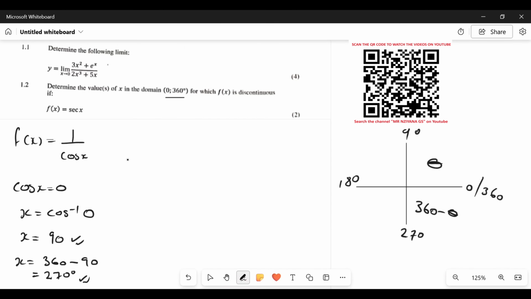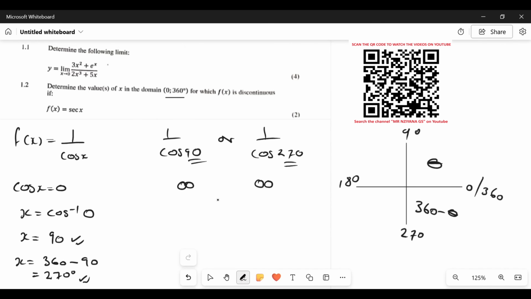If we do substitute 1 over cos 90 or 1 over cos 270, we're going to get infinity for both of them. This means that 90 and 270 are the values where our function is discontinuous.